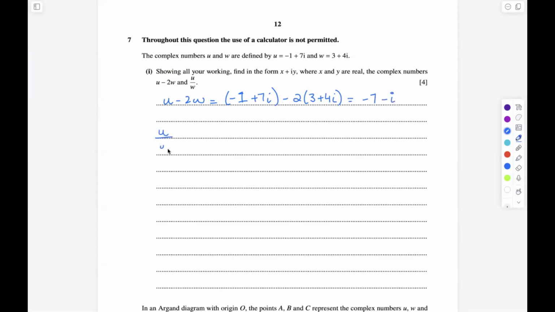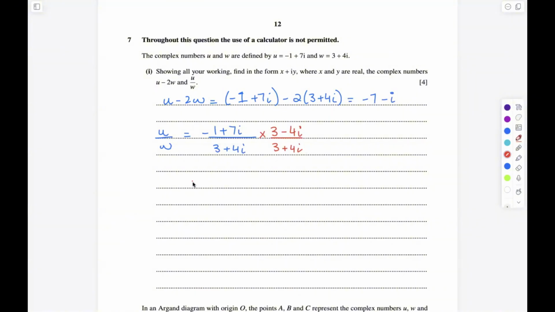For u/w, we write first (-1 + 7i) divided by (3 + 4i). Now, as we have to remove the denominator, we can take the conjugate and multiply and divide the numerator and the denominator by it. So this will become (3 - 4i) divided by (3 - 4i).